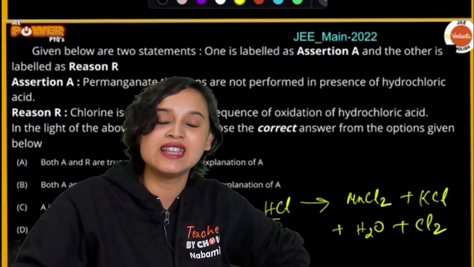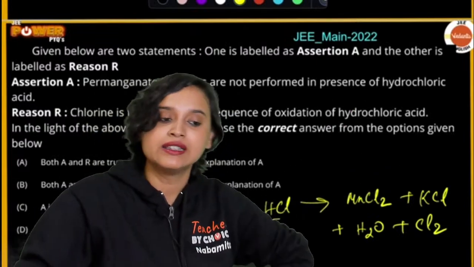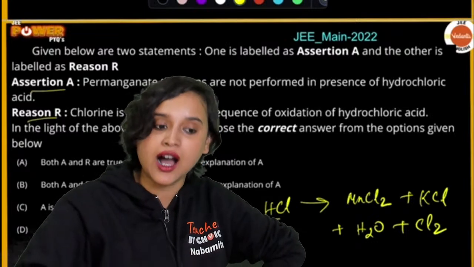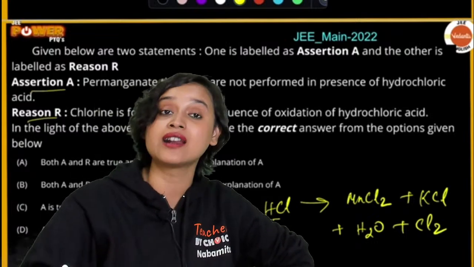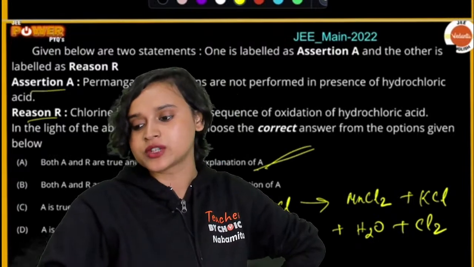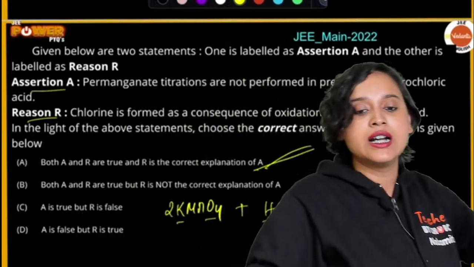So yes, HCl gets oxidized by KMnO4 into Cl2. That means both the assertion and the reason are correct, and the reason is the correct explanation of the assertion. So option A is the correct answer.